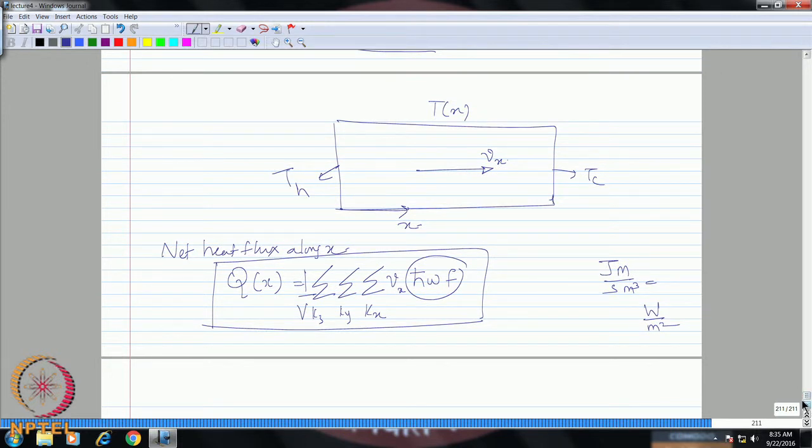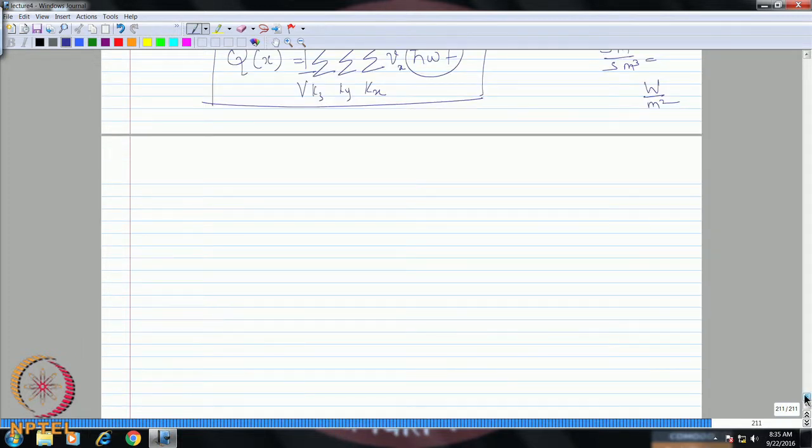So, now what we have is a discrete summation, right. So, we have to convert once again this discrete summation into an integral in order to evaluate it. So, we are now saying we are summing this over all the quantum states represented by k. So, therefore, if you want to convert this into an integral over all the wave vectors, we have Vx h bar f.